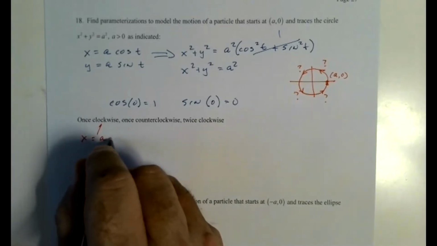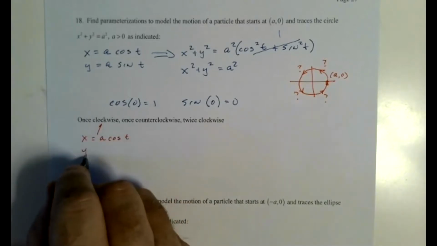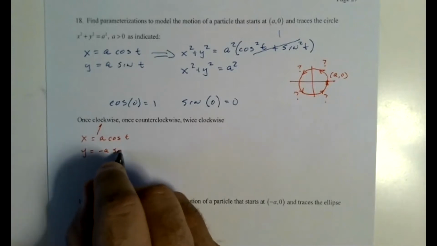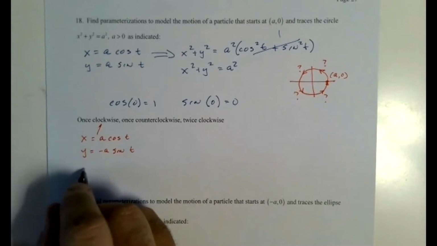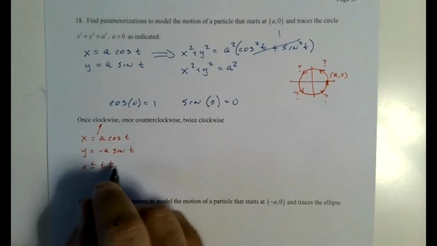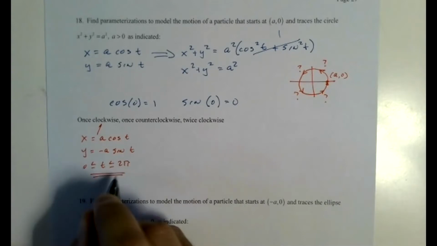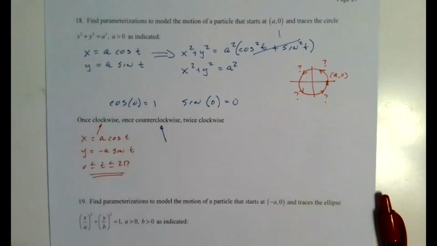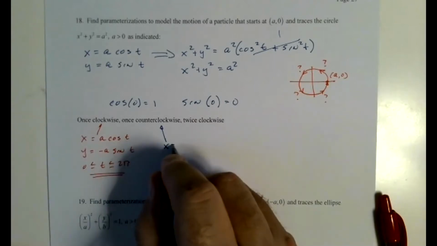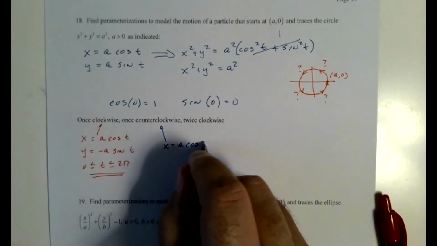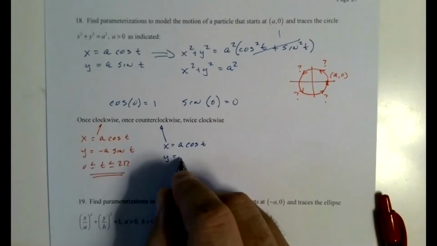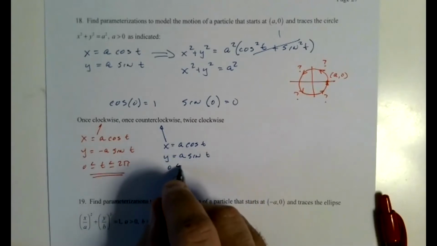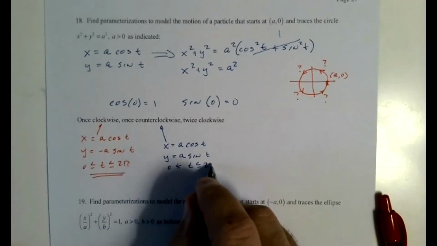x is not going to change. And again, there's lots of different ways you can do this. This is as simple as anything I can think of off the top of my head. And we'll just go from 0 to 2 pi. Now counterclockwise, we already had that set up. x equals a cosine of t, y equals a sine of t, 0 less than or equal to t less than or equal to 2 pi.